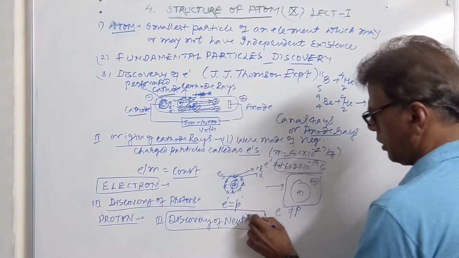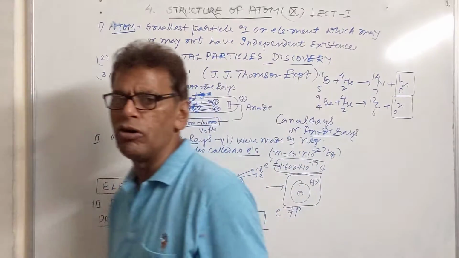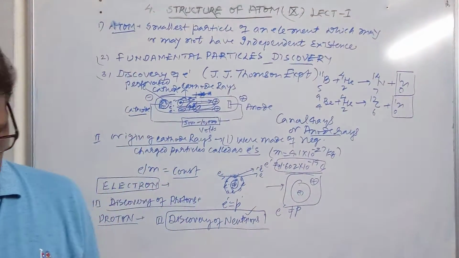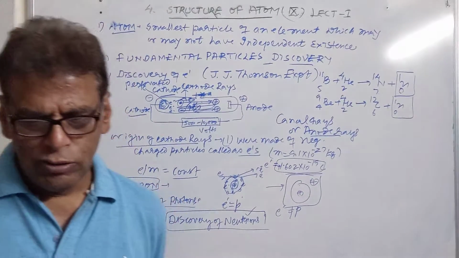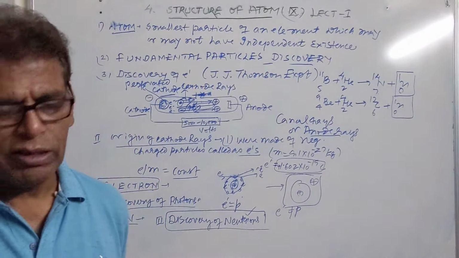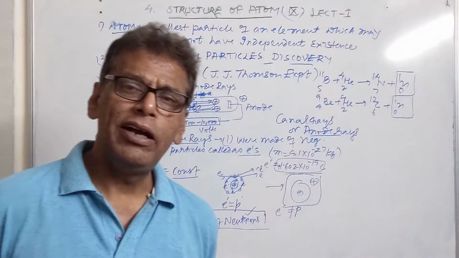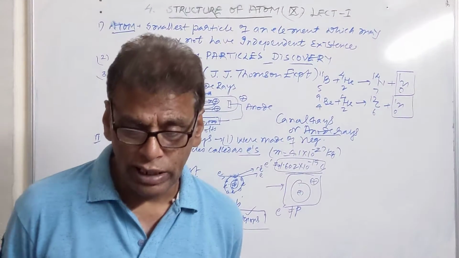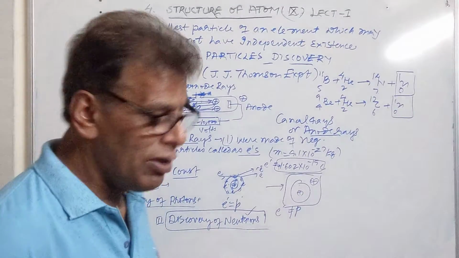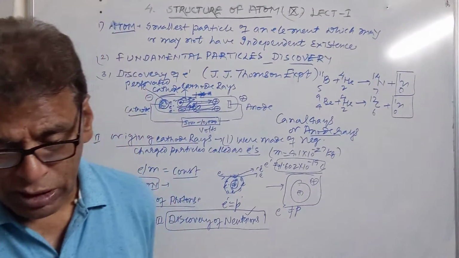So this was the third fundamental particle, the neutron. Its mass is equal to the mass of a proton or hydrogen, and it does not bear any charge. After the discovery of these particles, attempts were made to fit these subatomic particles in the structure of the atom. These attempts we will be studying later on in this chapter.